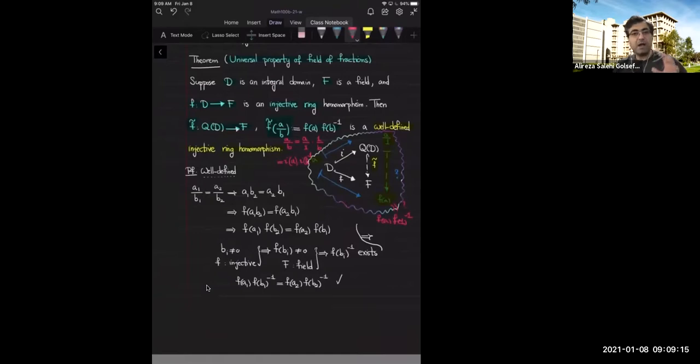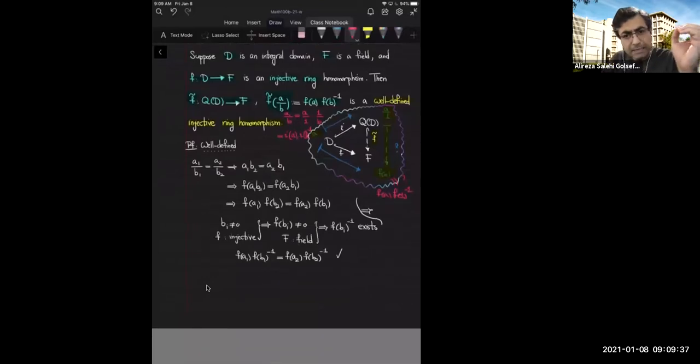If I have a copy of an integral domain inside a field, then we can extend this and get a copy of the field of fractions of D inside the same field. So that's the content of the universal property of field of fractions. Okay, let's go through the proof. Let's start with why it is well defined.